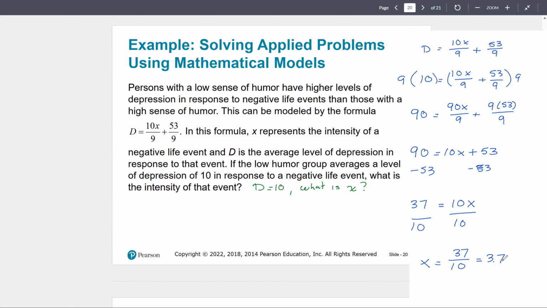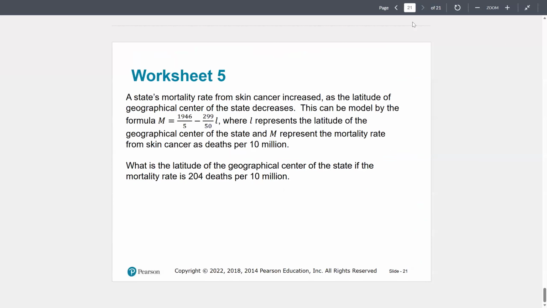So the intensity of the life event, whatever that would mean, is going to be 3.7.